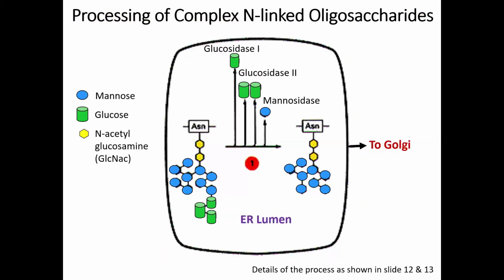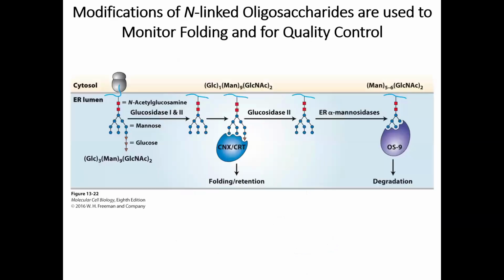So this is again another rendition of the processing of the N-linked glycosylation. You can see that this is the same picture that we had before. You have the 2, 8, and 3, and then you have 2, 9, and 3, and then you have 8. It's going to go to the Golgi. And why is this important? Because of calnexin and calreticulin.